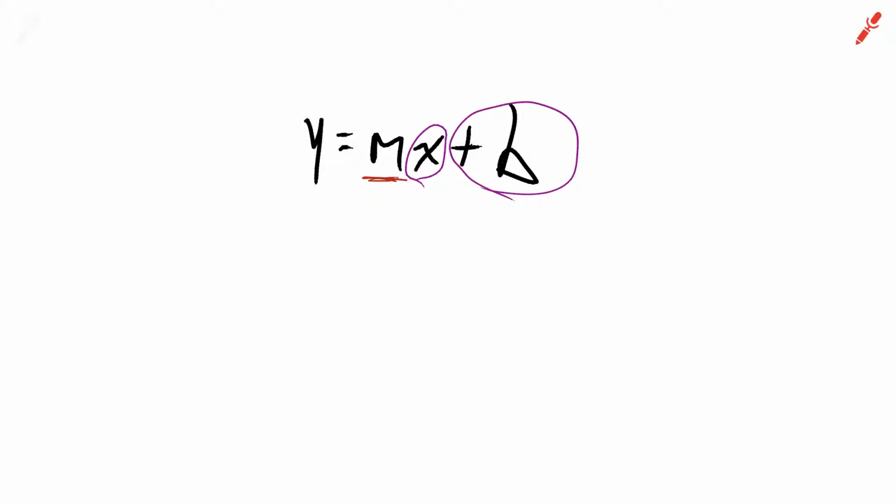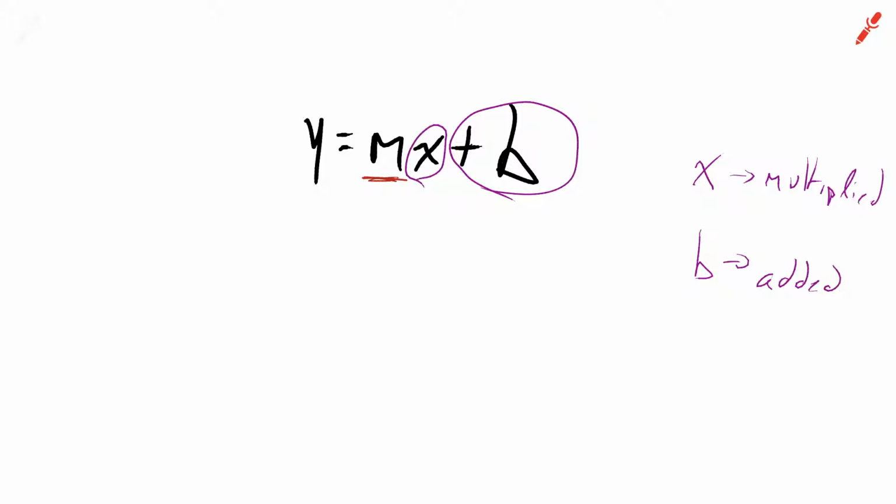So I come over here and I look at it and I say, what's happening to x? What's happening to b? Well, what's happening to x is it's being multiplied by m. What's happening to b is it is being added to the m.